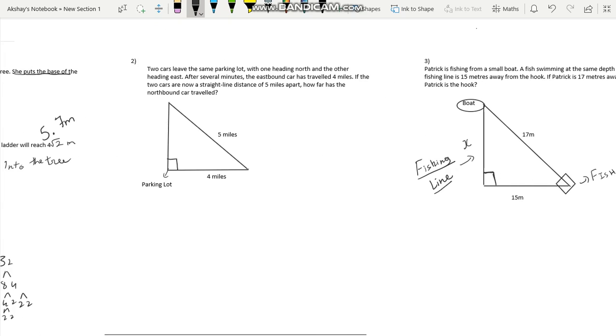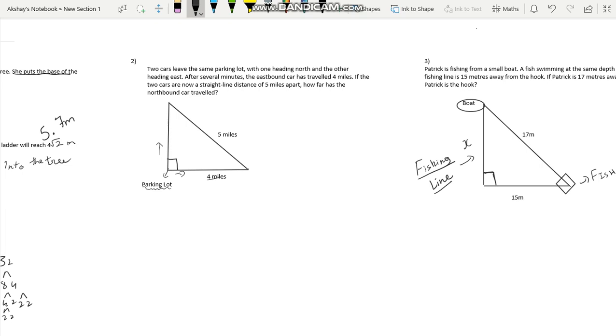Alright, so next question. Two cars leave the same parking lot, so we have the labeled parking lot right here, with one headed north and the other headed east. The eastbound car traveled 4 miles, so they have labeled that for us.